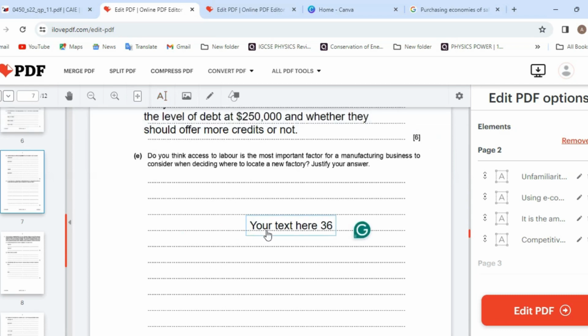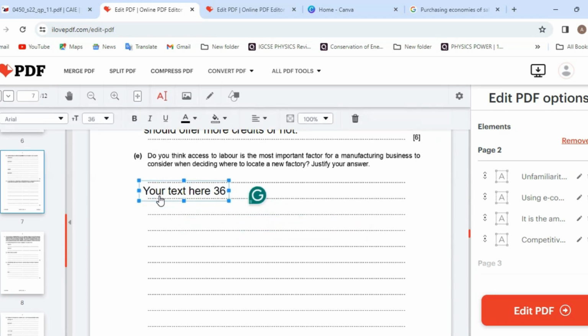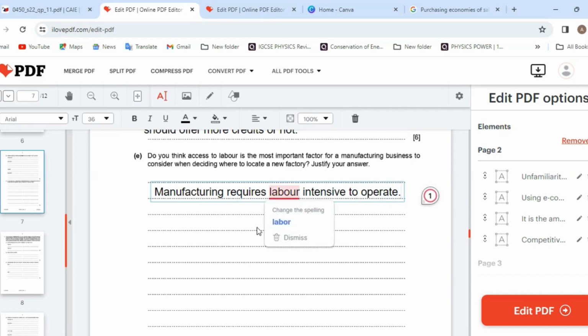Of course, when a manufacturing business is using labor-intensive production, it will require access to labor. Let's say manufacturing requires labor-intensive methods to operate, so they should consider access to labor.